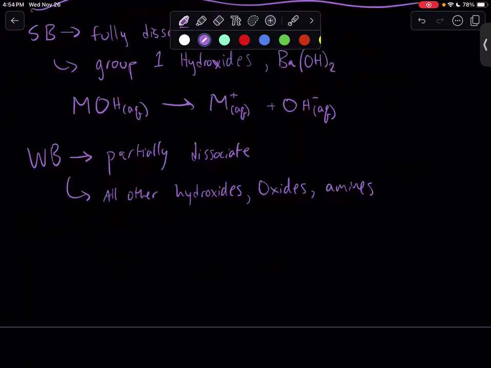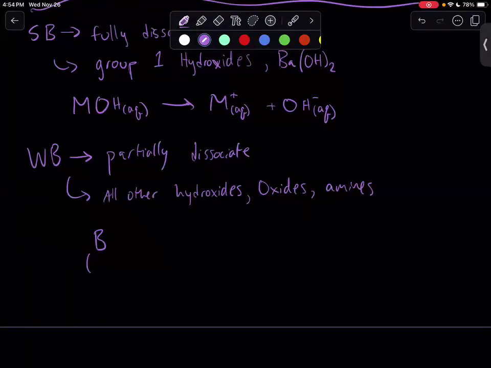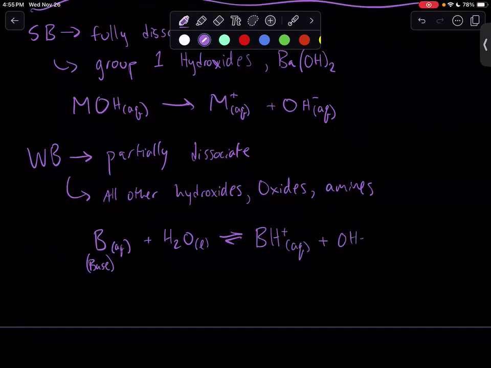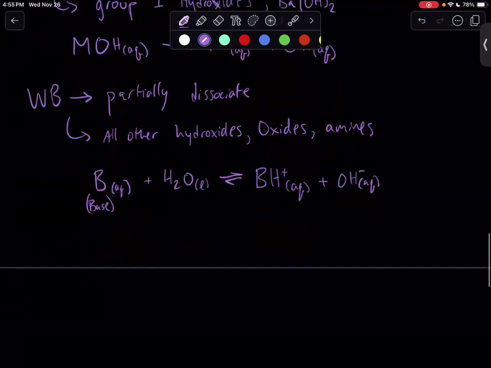For our example, we use B for any of those bases because they may not be a metal. So B will be our base. B aqueous plus H2O liquid would react, forming an equilibrium, creating BH+ aqueous plus OH- aqueous. So that differentiates our strong and weak bases.